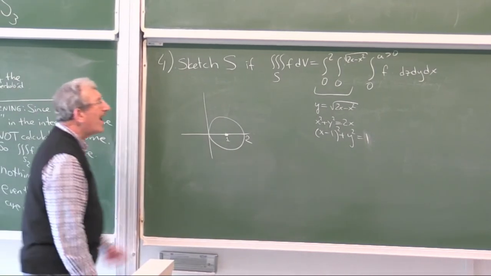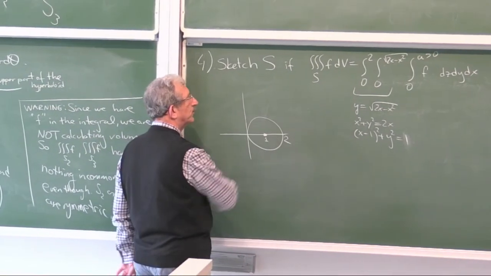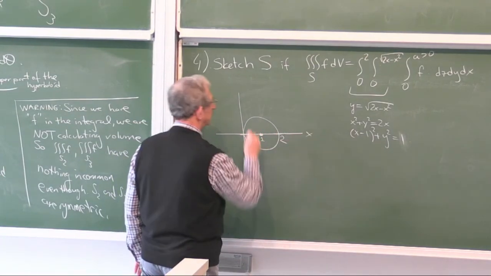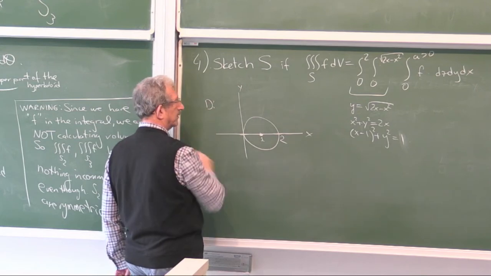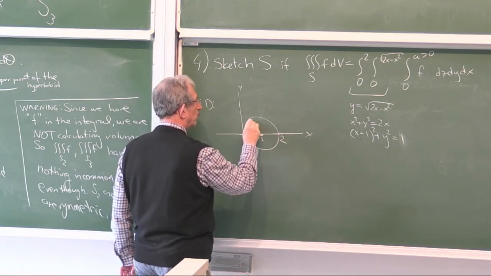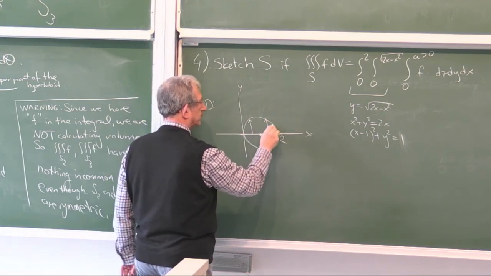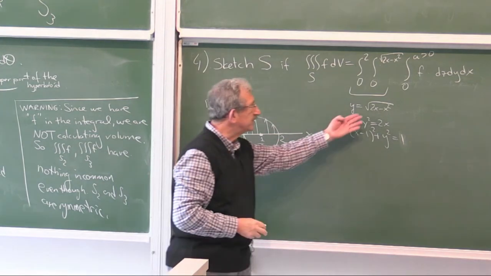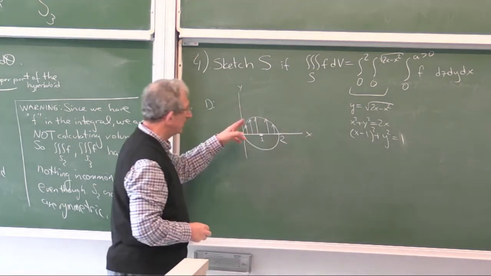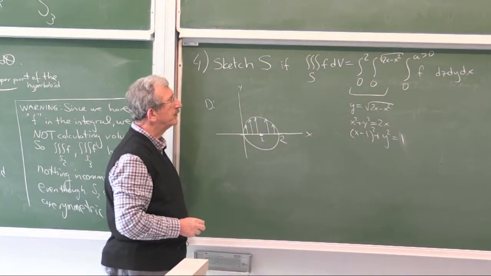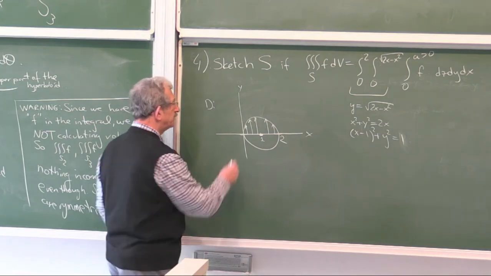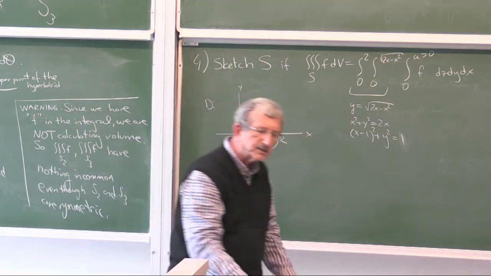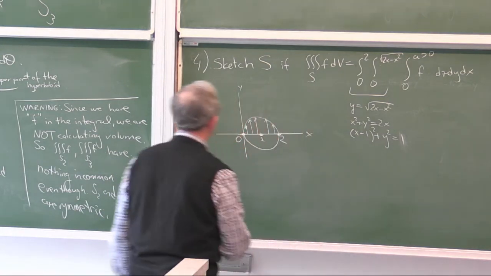So y changed from 0 up to this circle. Well, y equal to 0 is the horizontal axis here. So we start from here and move up to this. This is what this suggests. This is the positive root, so y is positive, and so on. In the meantime, x changed from 0 up to 2, so this completely tells us that indeed we have the upper half circle.